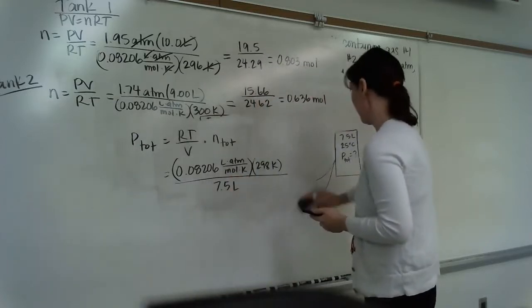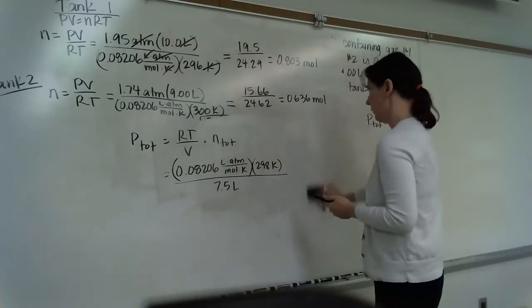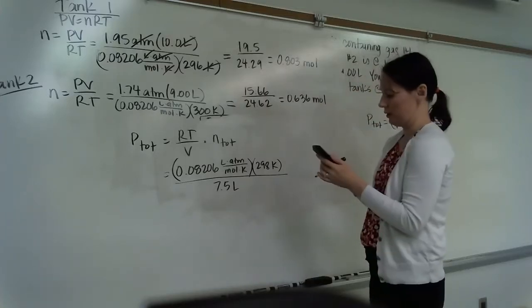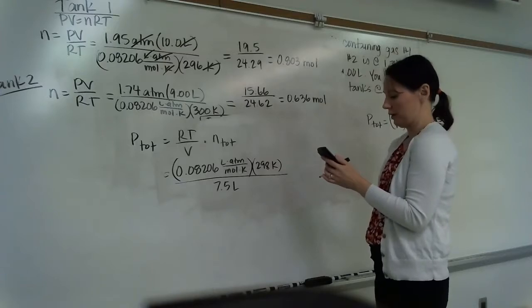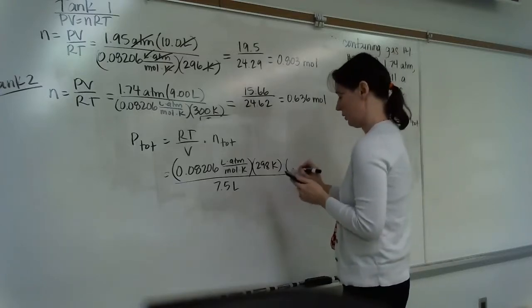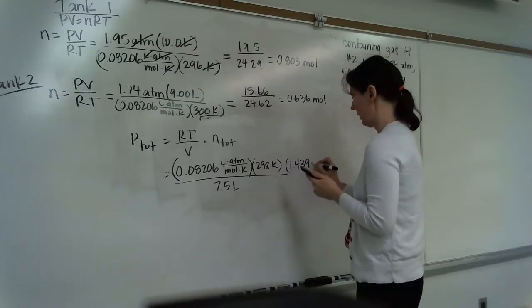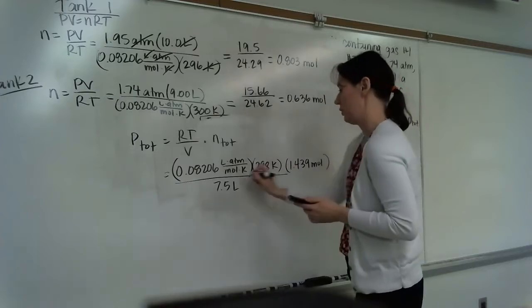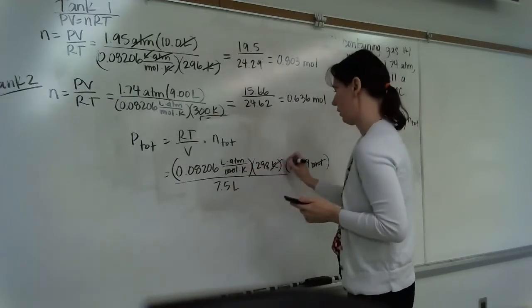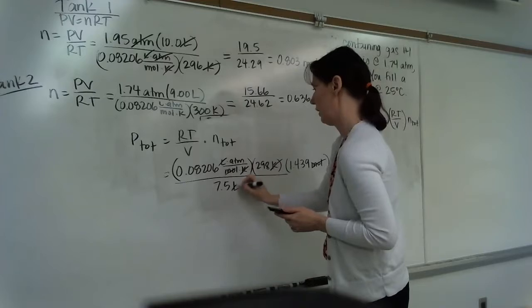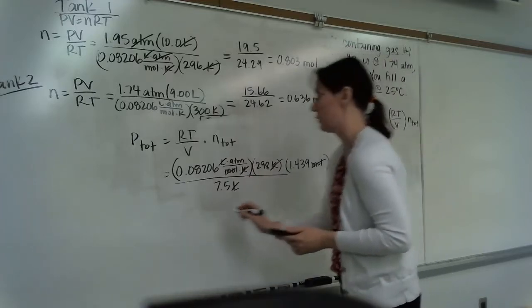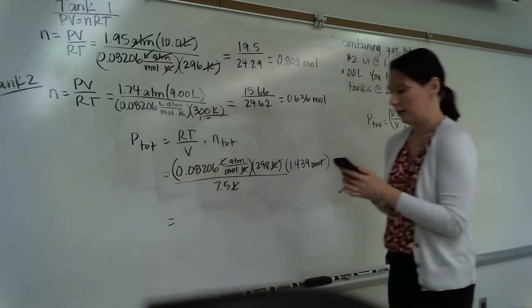And what is N total? Just add those two together, right? So 0.636 plus 0.803 times, 1.439 moles. So moles cancels, kelvins cancels, liters cancels. That gives me units of atmospheres as my answer, which is what I wanted.